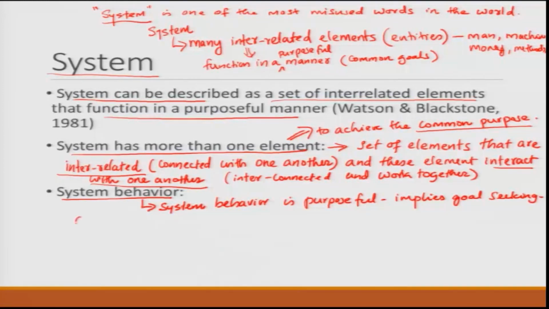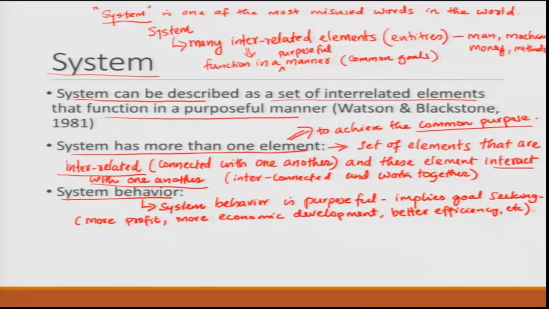So the goal seeking could be more profit, more economic development, and it could be better efficiency, etc. So this goal will remain common, multiple goals, it can be different types of goals, but the system will typically work towards a common goal. That is the most important aspect of it.